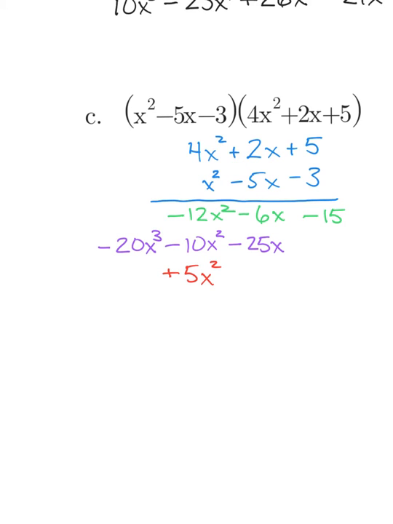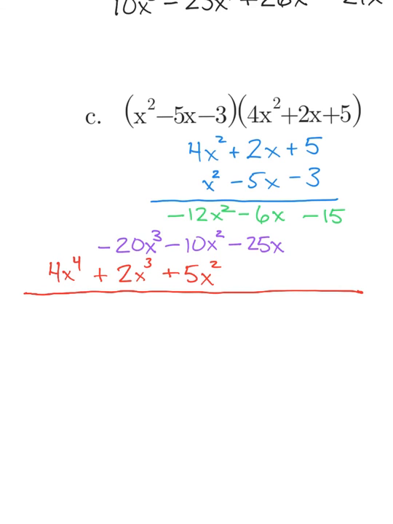That gives me 2x cubed, and again it's positive. And then finally, x squared times 4x squared gives me 4x to the fourth. It's also positive, but as this is my leftmost term, I don't have to necessarily put a plus sign there. Okay, then from here we go back to our final step, which is add straight down.